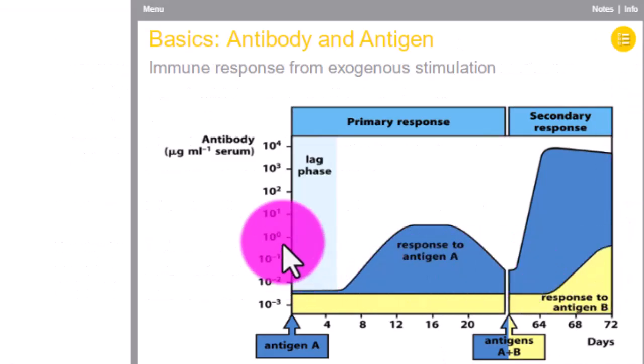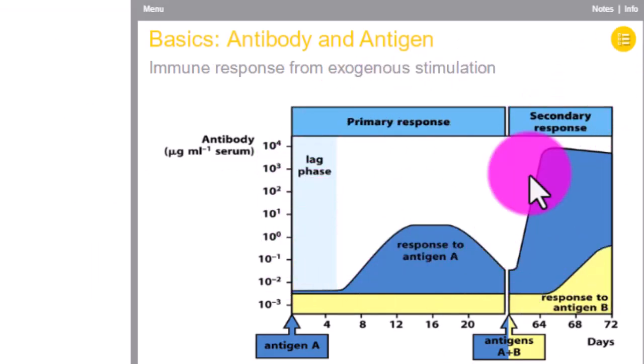Here we see the primary immune response and secondary immune response. Imagine antigen A, and this is the days, from 0 to 72 days, and this is the antibody titer in serum. This is the response to antigen A in the first primary response and the secondary response.